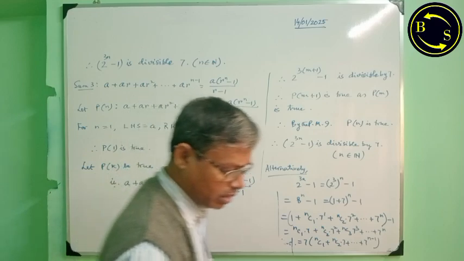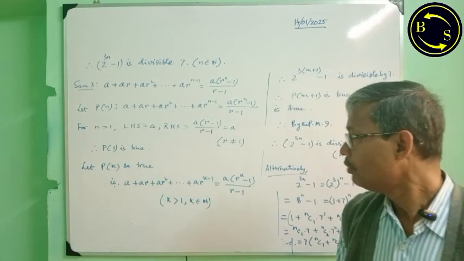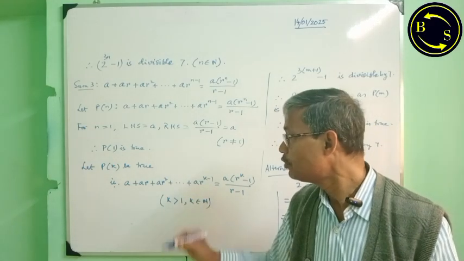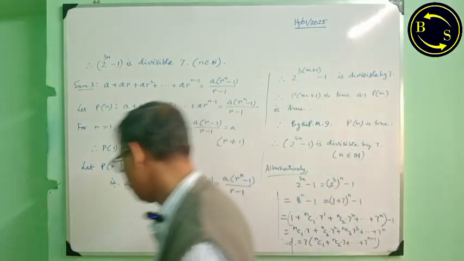This is the inductive step. Now, assuming this, we shall prove Pk plus 1 is true.